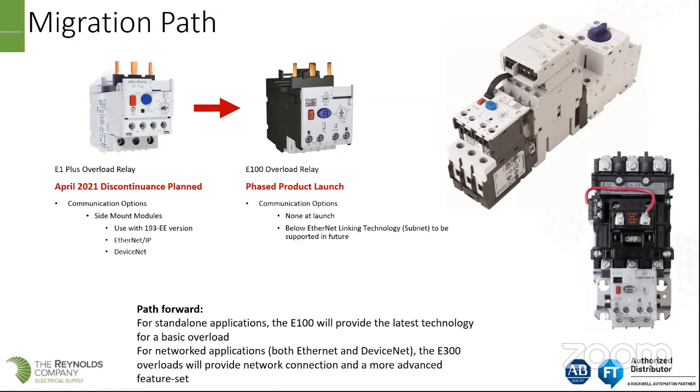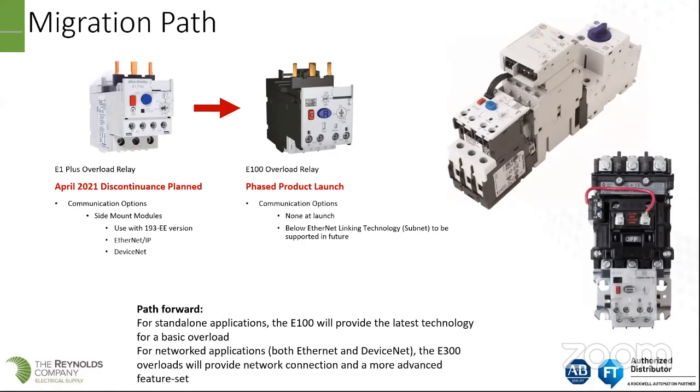The E100 at launch will not have any communication options. Rockwell is looking at some additional options below Ethernet that the E100s will hopefully connect to and be able to pull that information back through Ethernet at some point, but at launch, that's not going to be available.